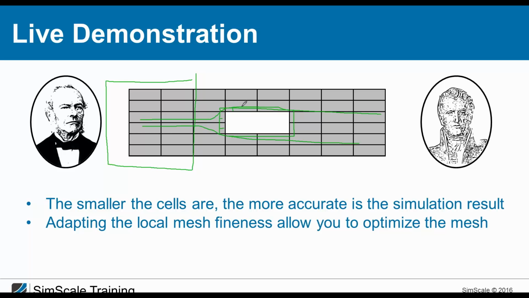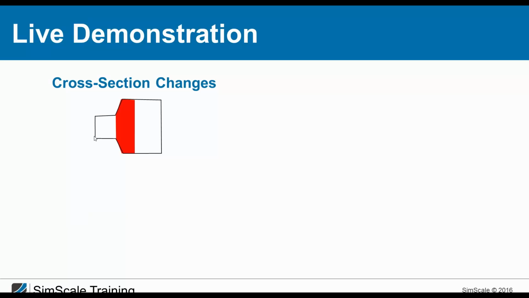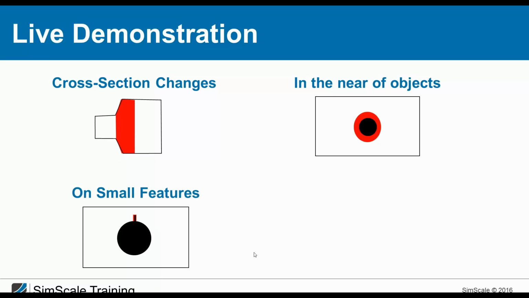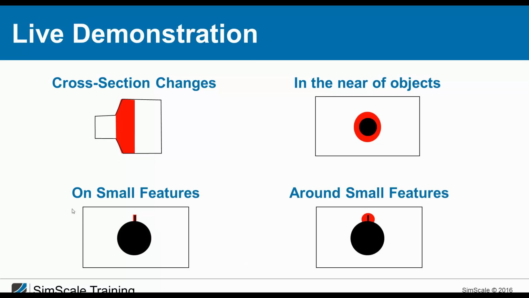Therefore, it will be smart to use a finer mesh. Basically, there are a lot of regions where you should refine your mesh. For example, in cross sections, near objects, on small features, and around small features.